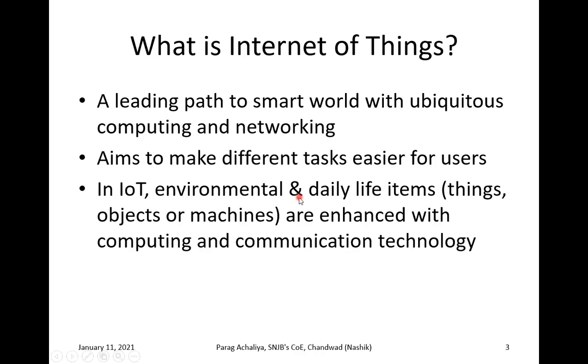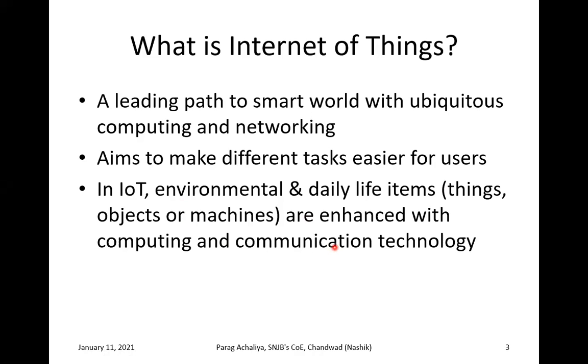In IoT, our daily environmental and daily life items, like various things, objects or machines, are enhanced with computing and communication technology. So what exactly happens in IoT? Our daily life items or the environmental things will communicate with other devices or with the user using communication technology.